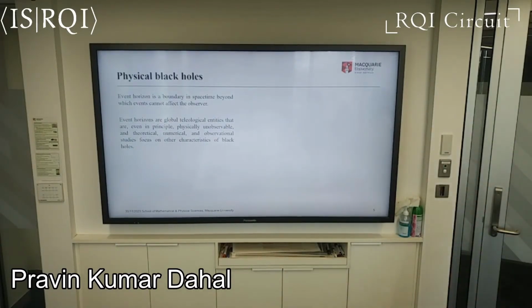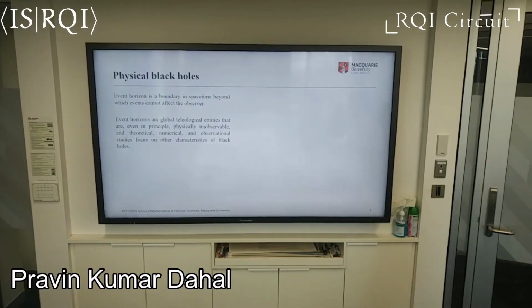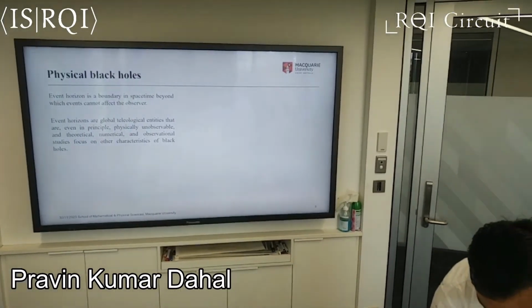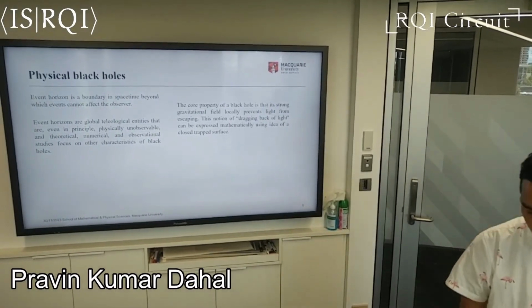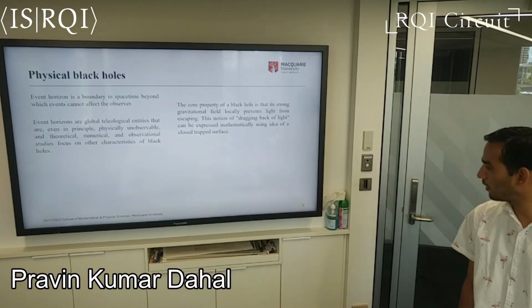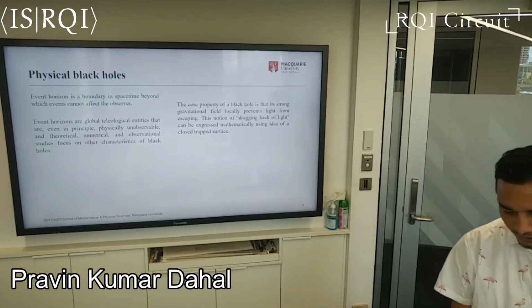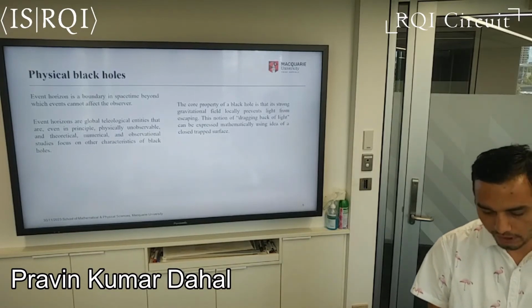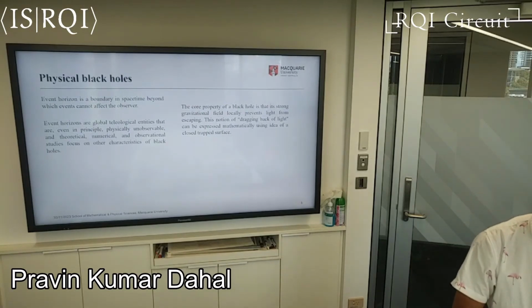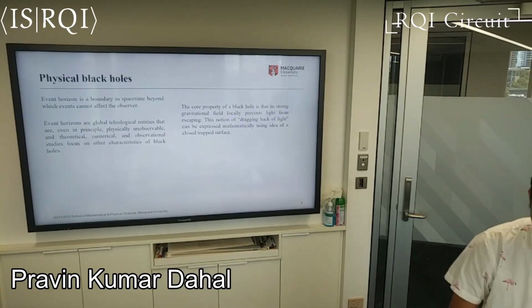In that sense, the event horizon is unobservable, because no mortal observer has that long amount of time to track its location. Thus for practical studies we focus on another characteristic of black holes. By the definition of a black hole, what we mean is the dragging back of light, and that can be expressed mathematically using the notion of a closed trapped surface, from which light cannot escape now, or at present. We don't know about the future.